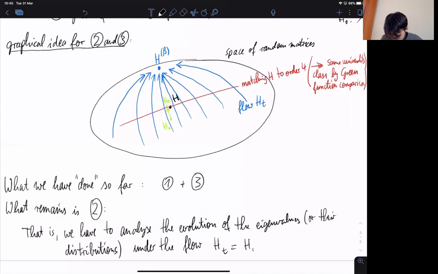So meaning that when T becomes larger, then we add more and more Gaussianity.